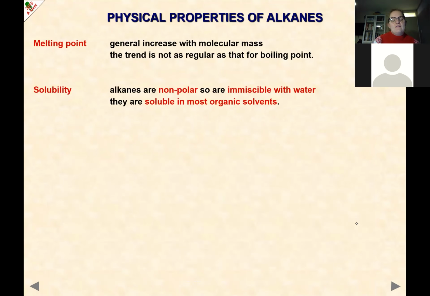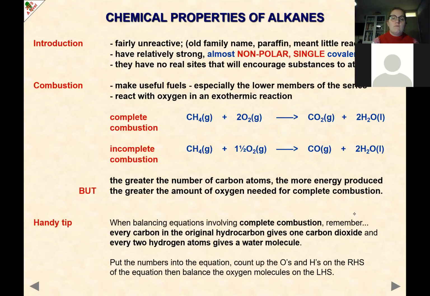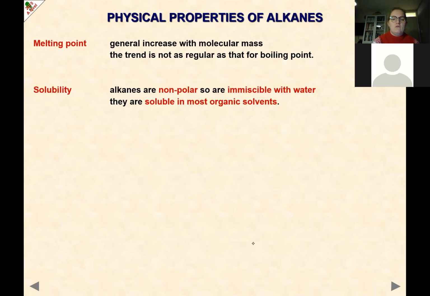So physical properties. We've talked about the boiling point, and the melting point. Again, this increases with molecular mass, but the trend isn't as regular as the boiling point. Solubility: alkanes are non-polar substances and so are immiscible with water, and they are soluble in most organic solvents.